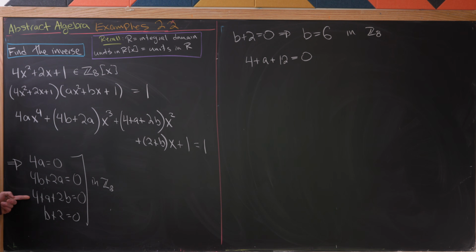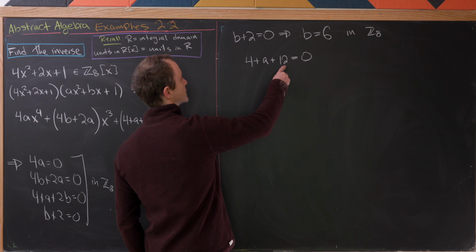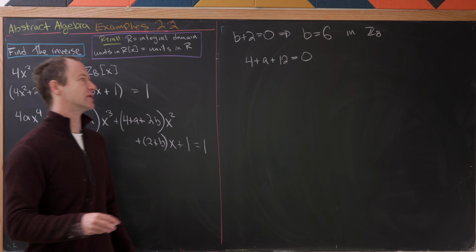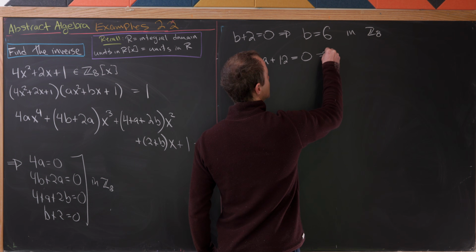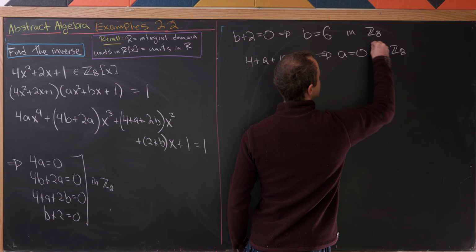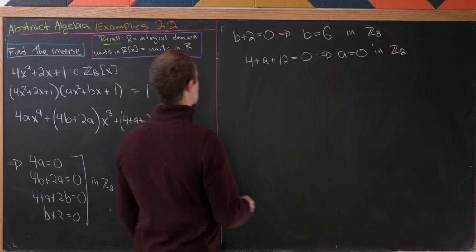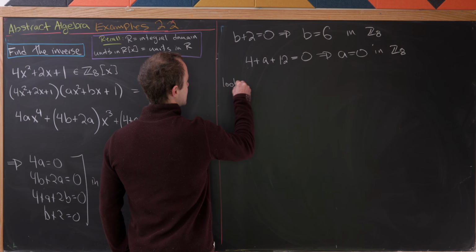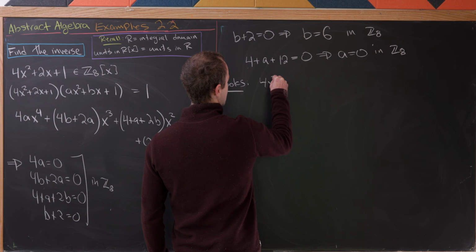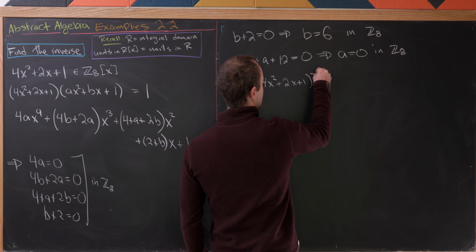That's from the third equation. Notice that 4 plus 12 is equal to 16, but 16 is 0 inside of Z8. So in the end, we'll get that a is equal to 0 inside of Z8. Oh, but those are the only things that we needed to solve for.